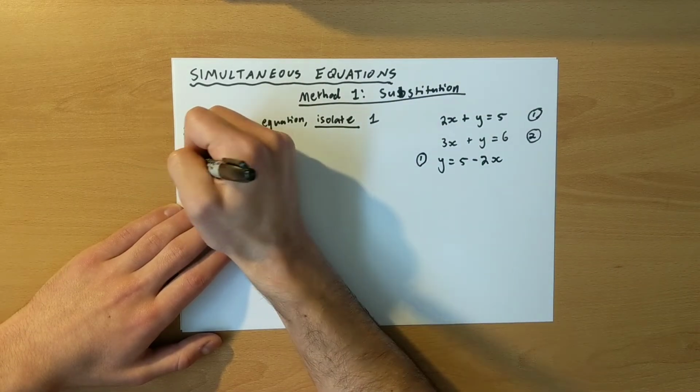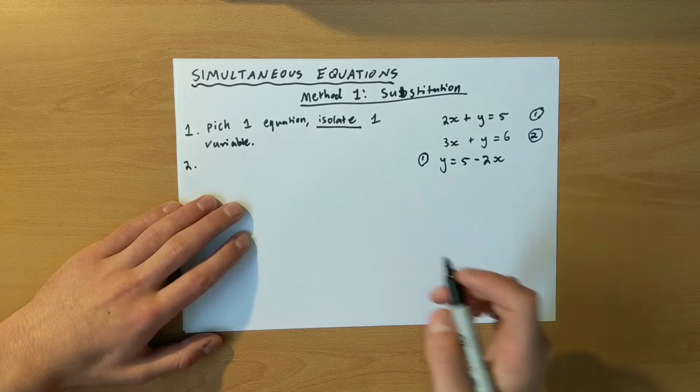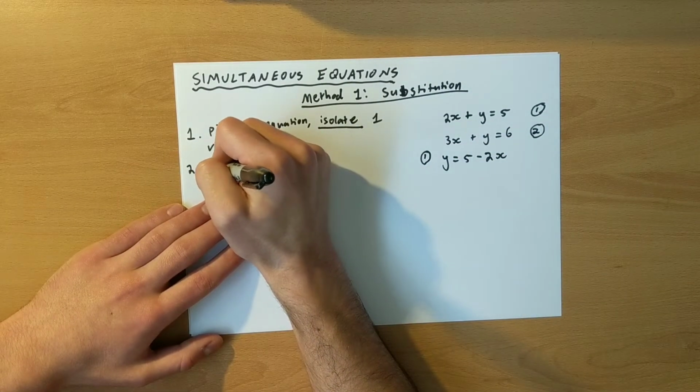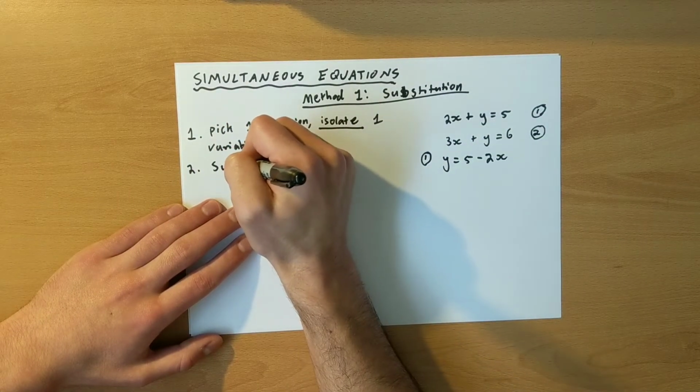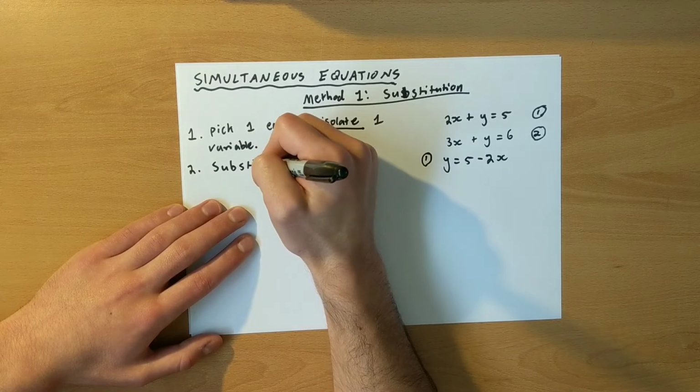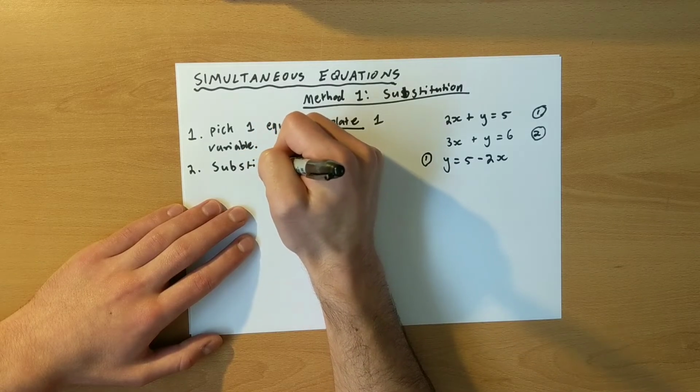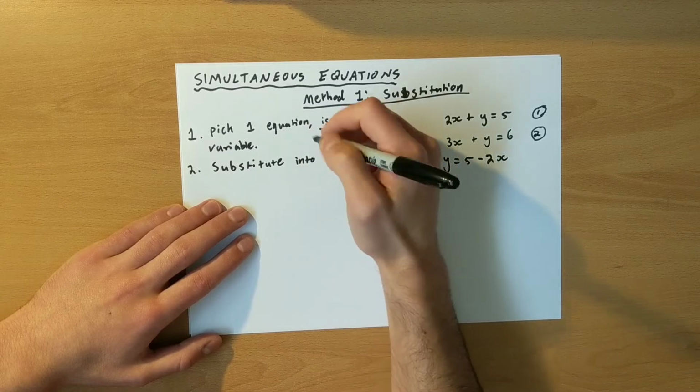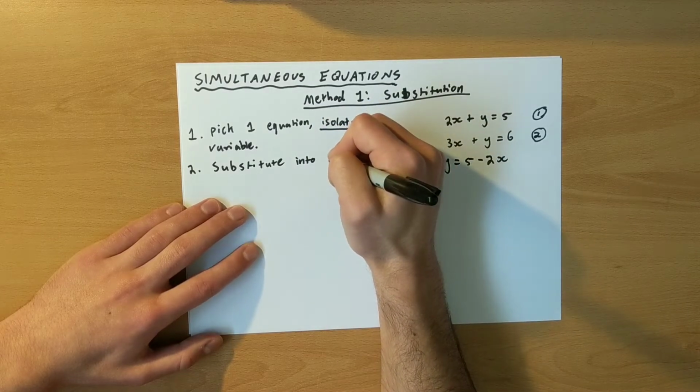Step 2 is then to substitute that value, and that's why this is the substitution method, into the other equation.